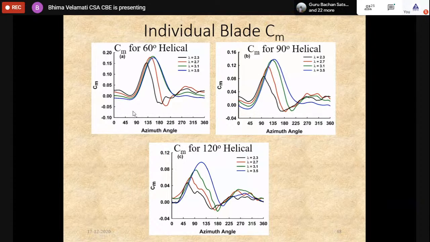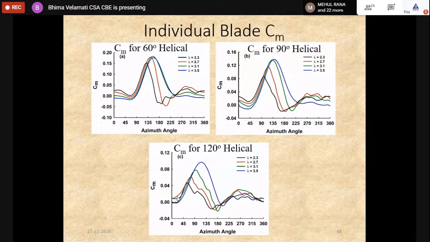You can see here, the positive part of the CM curve starts close to 60 degree and ends close to 225. Here it starts at 45 degree and ends at 225.